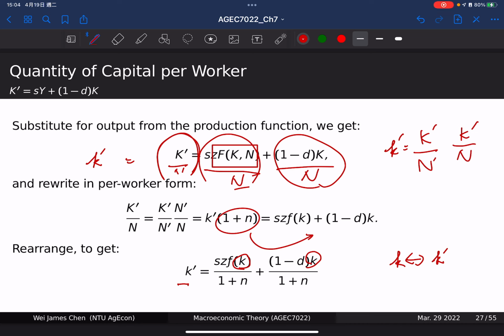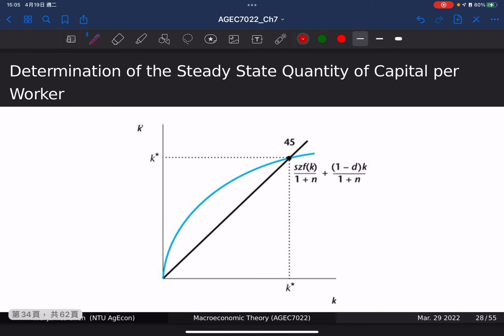But now if you have the per worker k and you insert it, you will have the next period per worker k. And if you have that, you can insert it back into this function and you will get k double prime, the per worker k in the next two periods. So basically, you have a function that tells you the relationship between k and k prime.